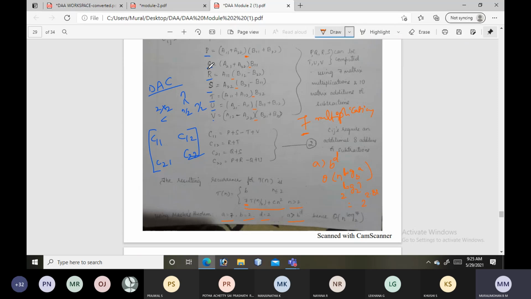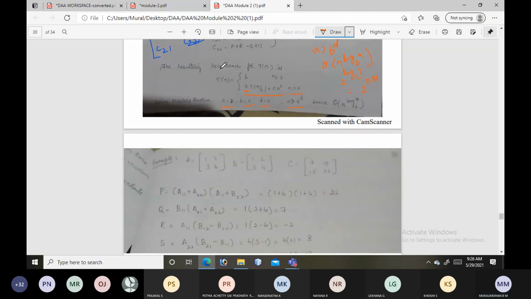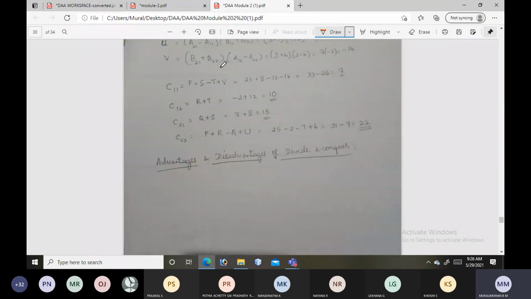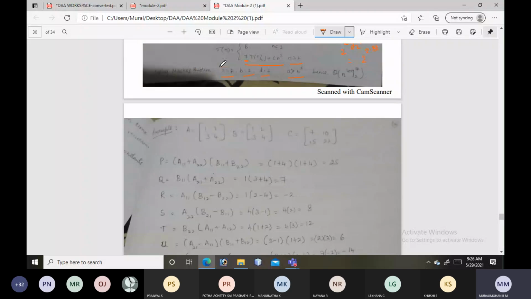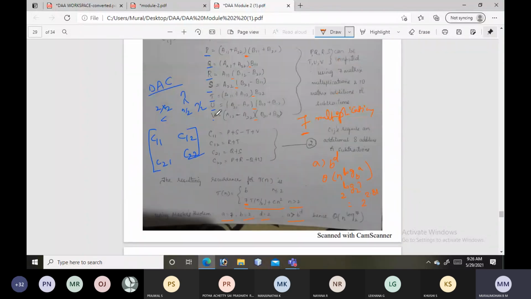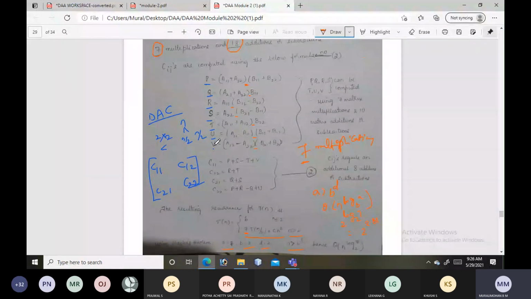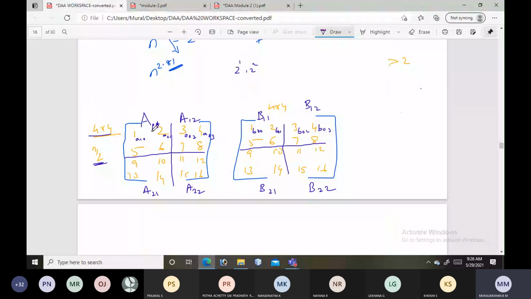We are calculating this P, Q, R, S, T, U, V. The same formulas you apply here for this A11, A12, A21, A22.